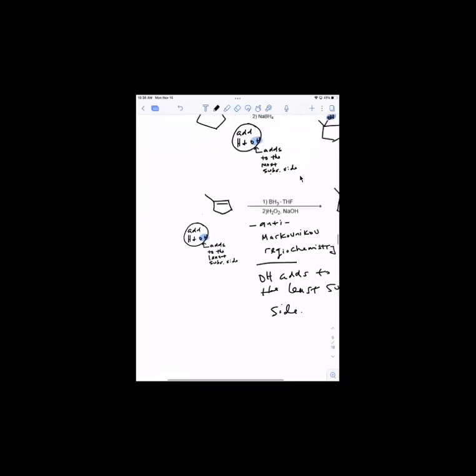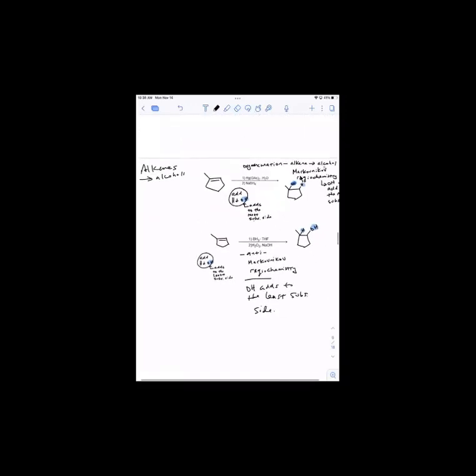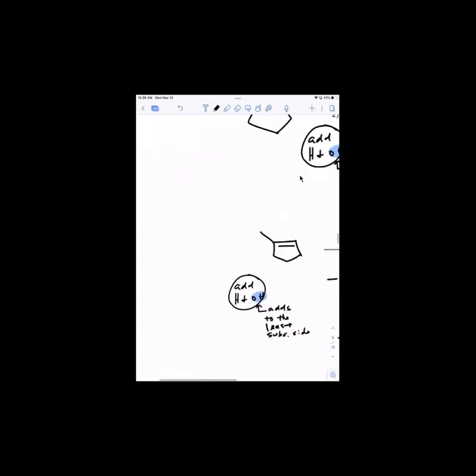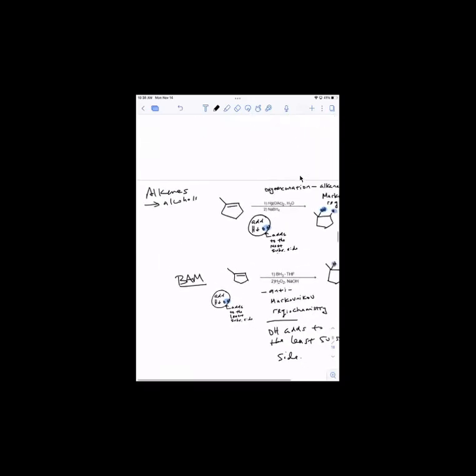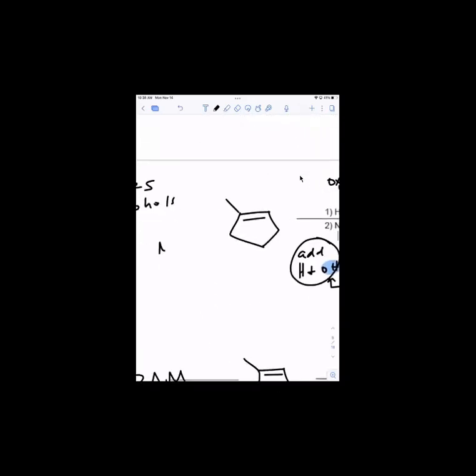Right, that's the essence of both of these reactions. You basically add water to the alkene, H on one side, OH on the other side. That's the way to remember it. If you watch that video, this was BAM, boron is anti-Markovnikov, and then this was, right?